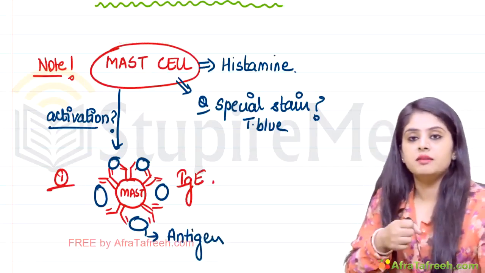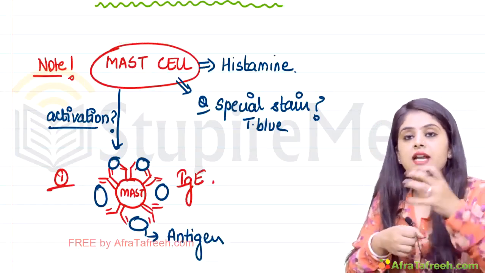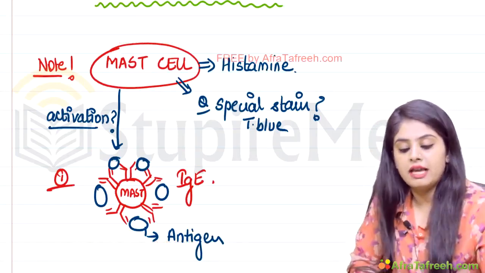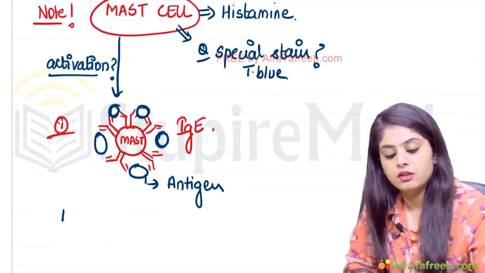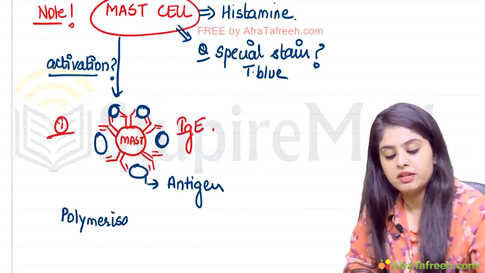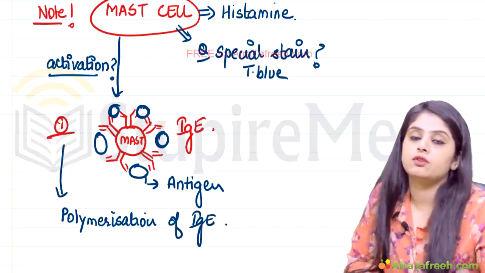So we have a mast cell that is covered all around by IgE. When an antigen comes and binds all the gaps between these IgE, what is it causing? It is causing polymerization of IgE. This then causes activation of the mast cell.